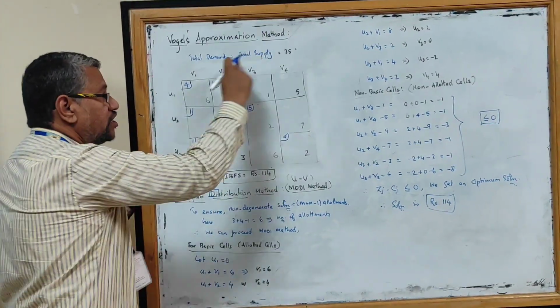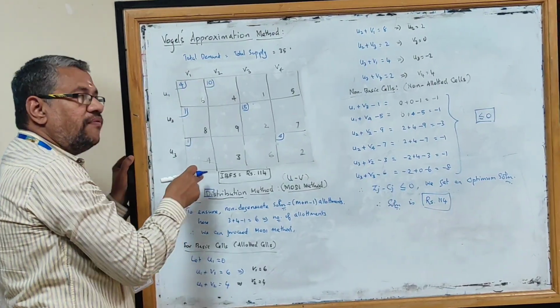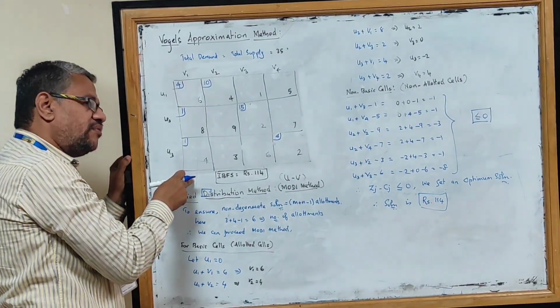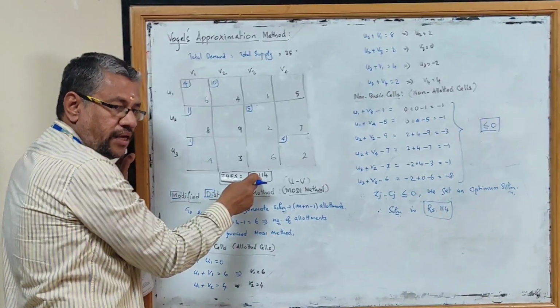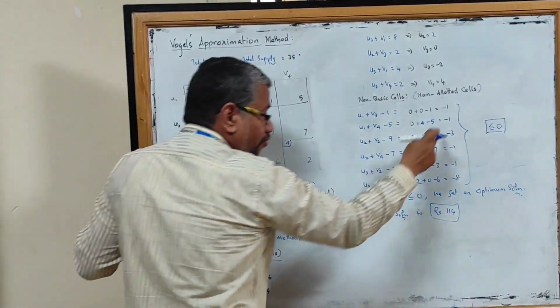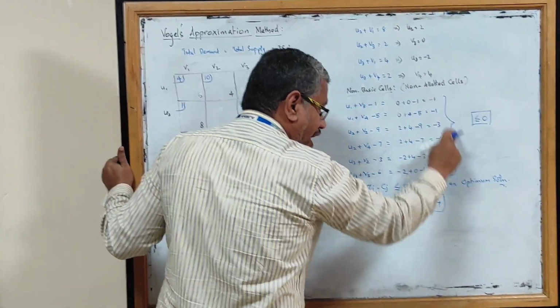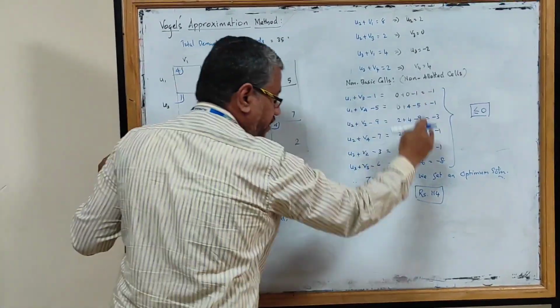Suppose instead of using Vogel's approximation method to find IBFS, you take the northwest corner rule, then the cost will be 128 here, but the actual solution is 114. Therefore we'll get a positive value in non-basic cells.